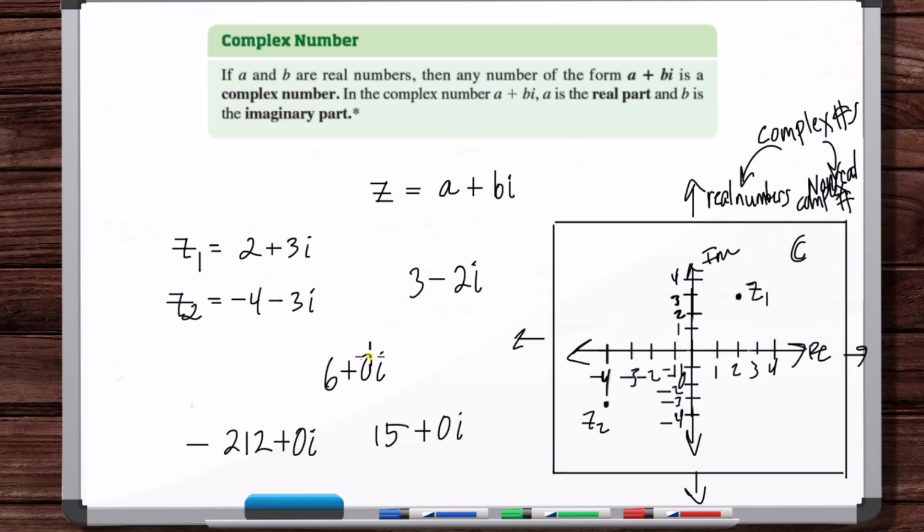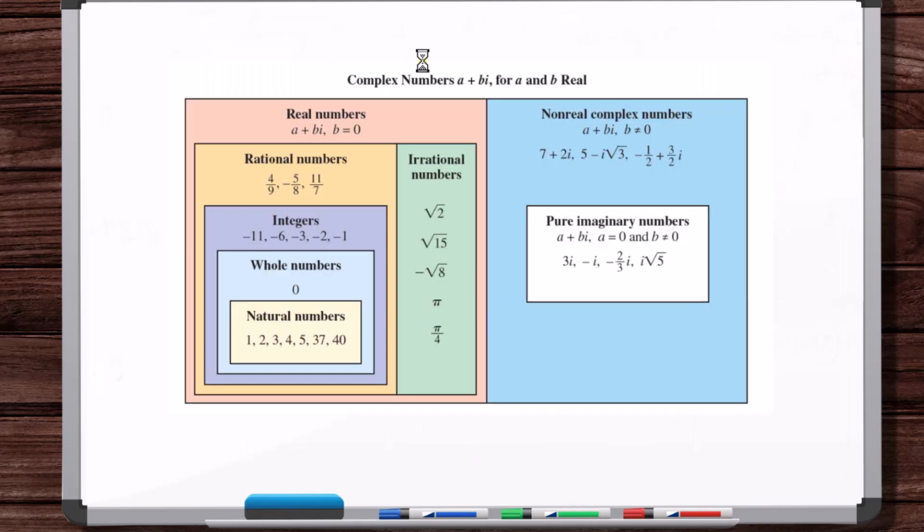But if you have a complex number that has a zero real part, so in that case you've got something like 15i, we call that a pure imaginary number. Okay, and so it all gets categorized like this. All numbers that exist in mathematics are shown here. All numbers. And all of these numbers are complex numbers.